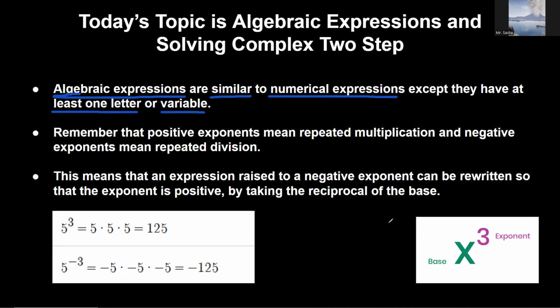A variable is like X, Y, Z. It can be anything. The Pythagorean theorem has variables A squared, B squared, and C squared. So a variable is like an unknown number, basically.